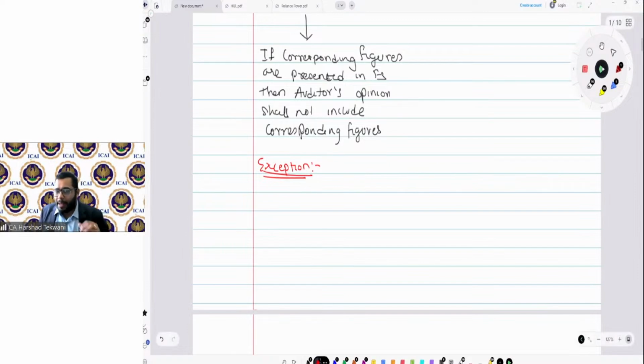Let's say, for example, there was an auditor's report in the previous year, and in that year the auditor issued an adverse opinion, disclaimer of opinion, or qualified opinion on a particular item, let's say payroll. Payroll was unresolved.